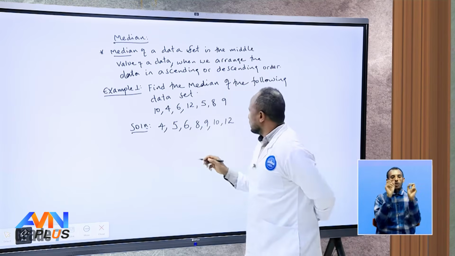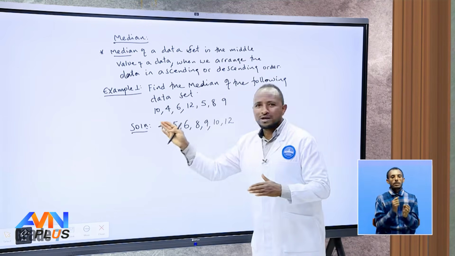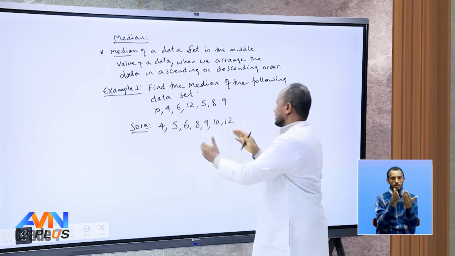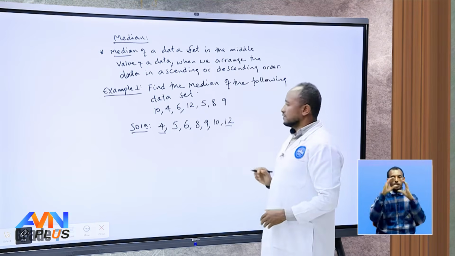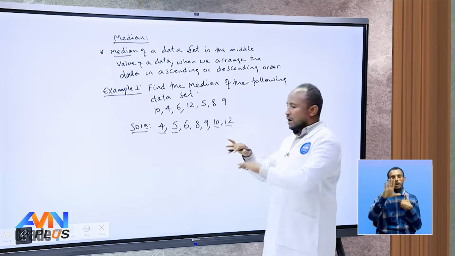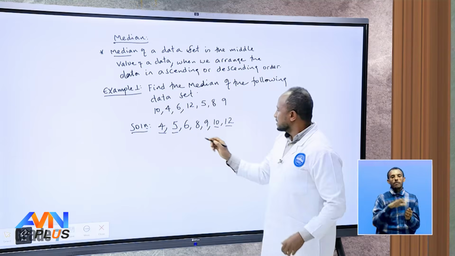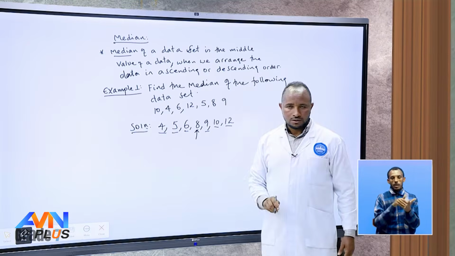We can find the middle data by simply cancelling the left part and the right part. First, cancel this number and leave this one, and then 5 and 10 cancel out. Cancel 6 and 8, so the middle data will be 8.